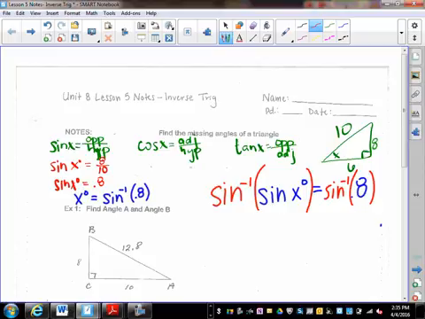When I take the inverse sine of sine, that's like taking the square root of squared, or dividing when you are multiplying. They cancel each other out. So you're left with x on this side and inverse sine of 0.8 on this side, which is what we have here.